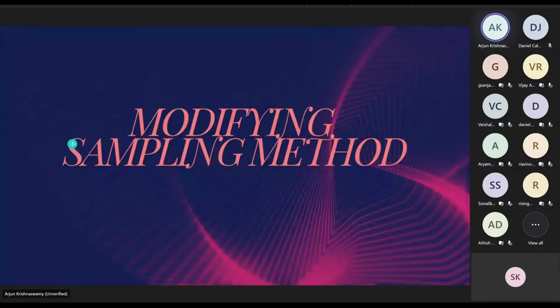So now that I've taught modifying the loss function, now we'll be looking at modifying the sampling method. Overfitting can also occur if you have a very small data set. Suppose you're performing some regression task on a flower data set, and you only have 3-4 flower samples, then you don't have a huge data set to work with.